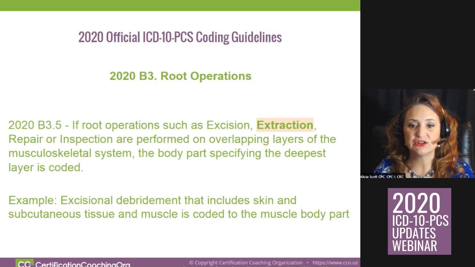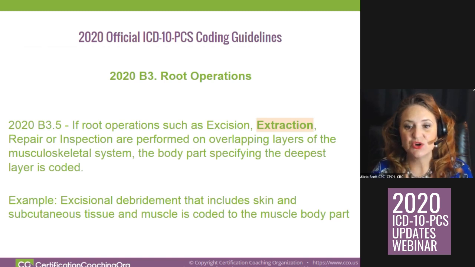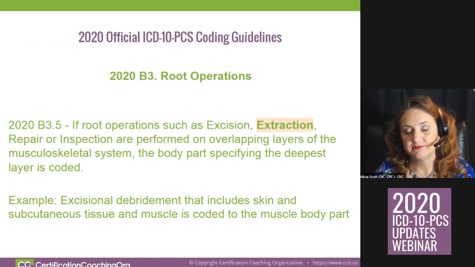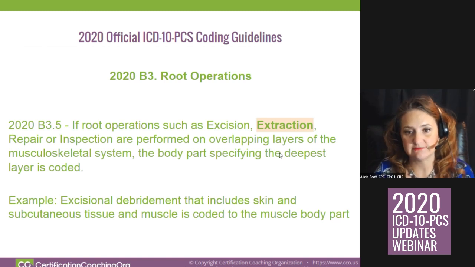Excisional debridement that includes skin and subcutaneous tissue and muscle is coded to the muscle body part. This is not difficult for us to understand because usually we go to the deepest layer, and that's what you code for. They did that with excision and repair, but now they added extraction to that.